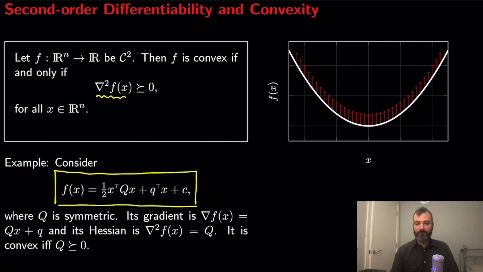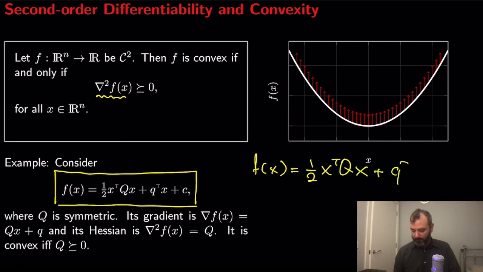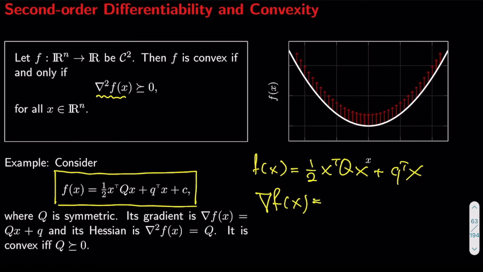Take a quadratic function. F of x, I'll write it again, is 1/2 x transpose Qx plus q transpose x. First of all, determine the gradient of this function. Now I want you to pay close attention to that because this is the most significant and important identity that we will be using all the time throughout this module.